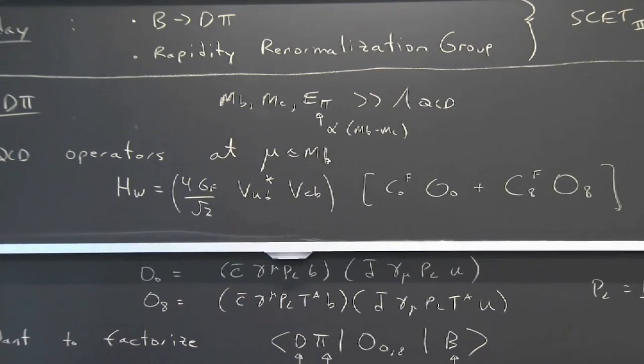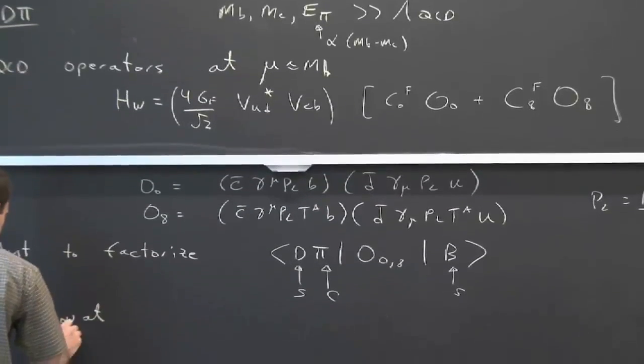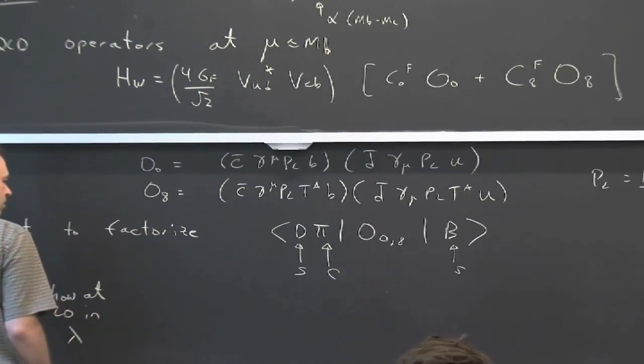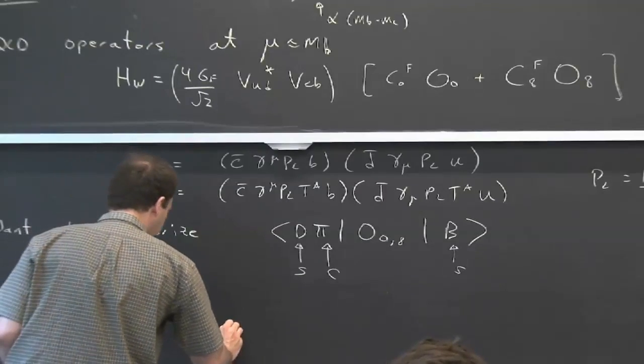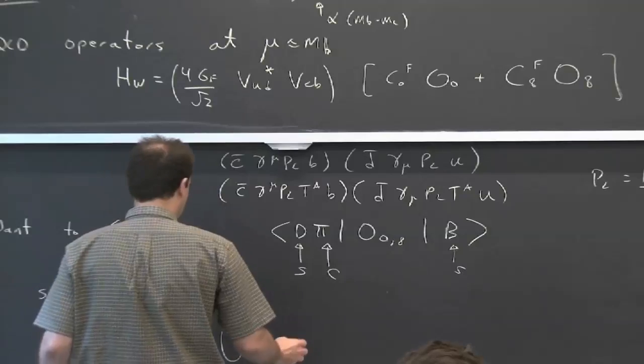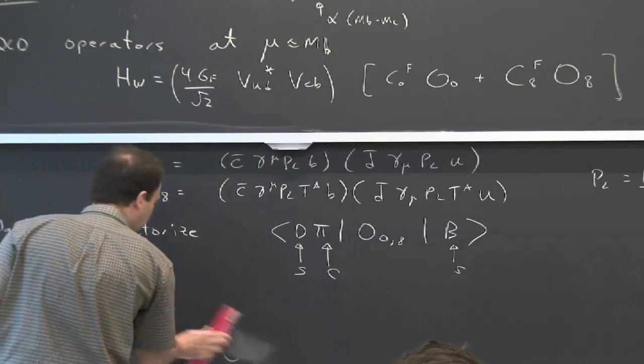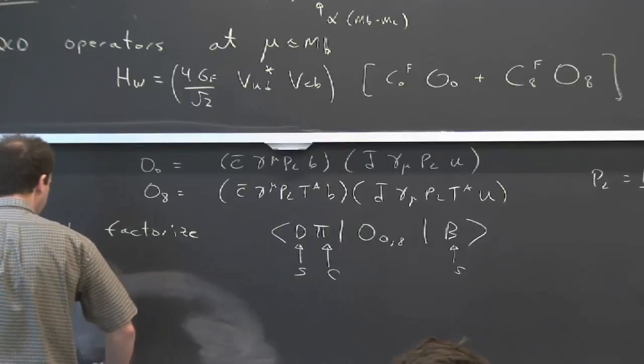And so if it's going to factorize and the soft degrees of freedom are not going to talk to the collinear, the kind of thing that you would expect to show at leading order in the lambda expansion is the following kind of process. Let me reclaim this space.